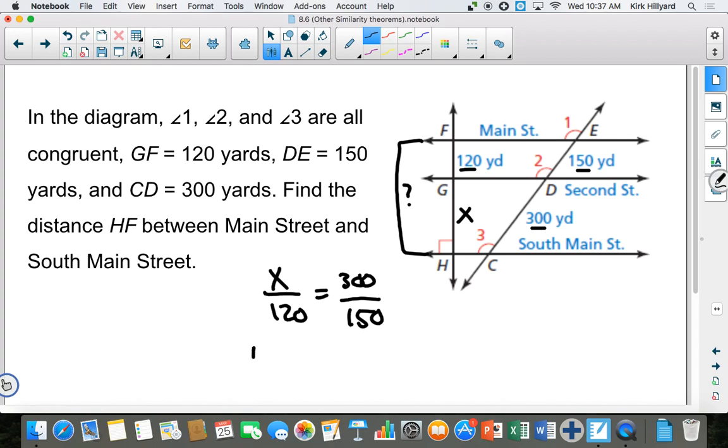We cross multiply and we get 150x equals 36,000. So we divide 36,000 by 150.